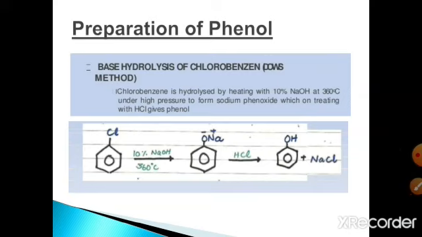Chlorobenzene when reacted with NaOH is converted into sodium phenoxide ion, and this sodium phenoxide ion reacts with HCl and is converted into phenol and NaCl. This process is known as the Dow process.